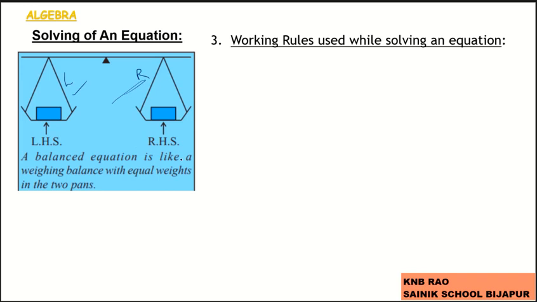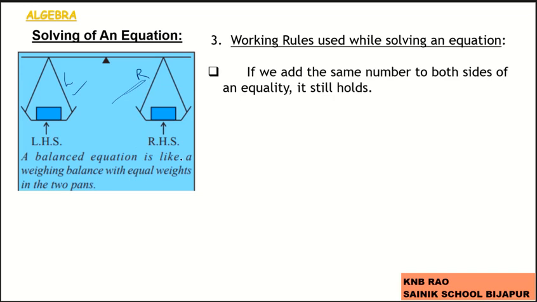First working rule: if we add the same number to both sides of an equality, it still holds, meaning it is still equal. Suppose I have x minus 3 equals 11. That means in the left pan I have x minus 3 and in the right pan I have 11.